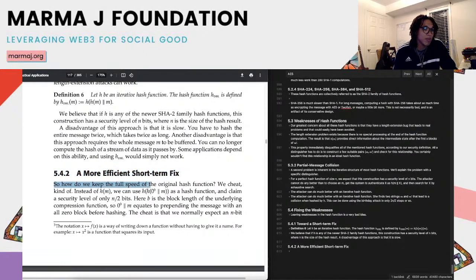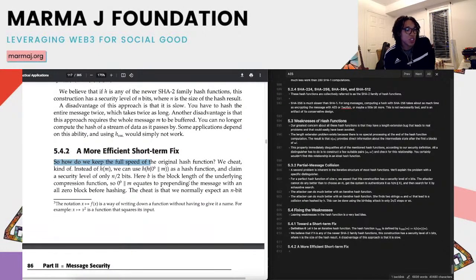So how do we keep the full speed of the original hash function? We cheat, kind of. Instead of hashing the message, we can use the hash of 0 to the B bytes concatenated with the message as a hash function, and claim a security level of n over 2. Okay, oh, the block length.